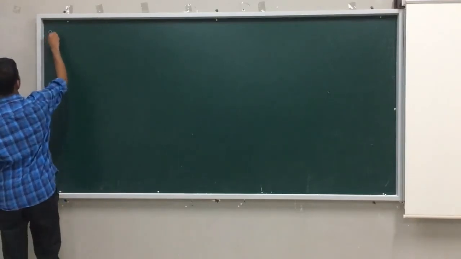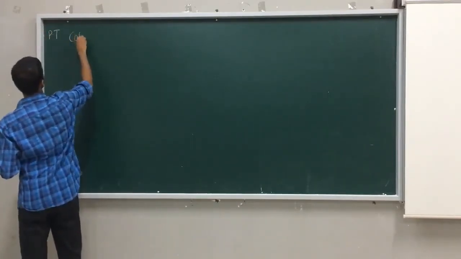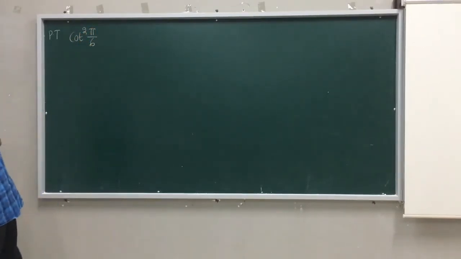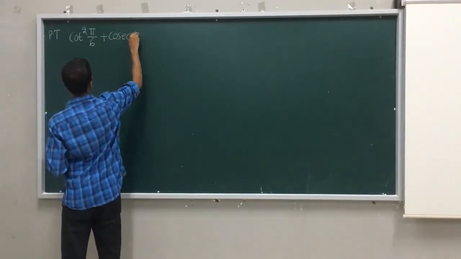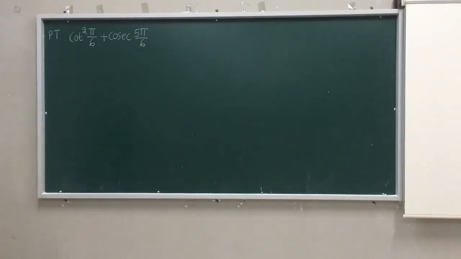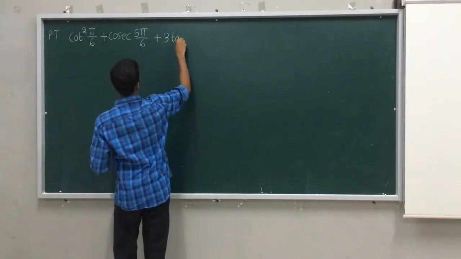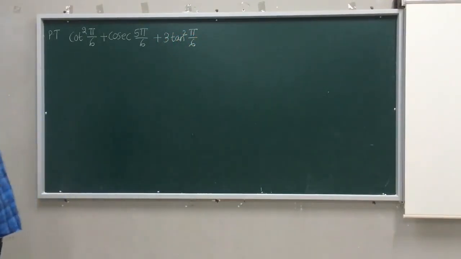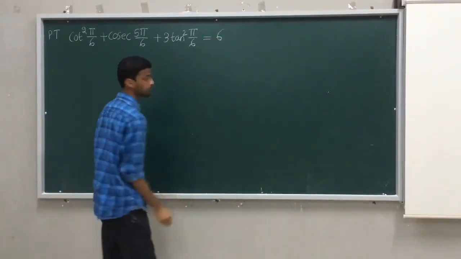Prove that cot square pi by 6 plus cosec 5 pi by 6 plus 3 tan square pi by 6 is equal to 6.